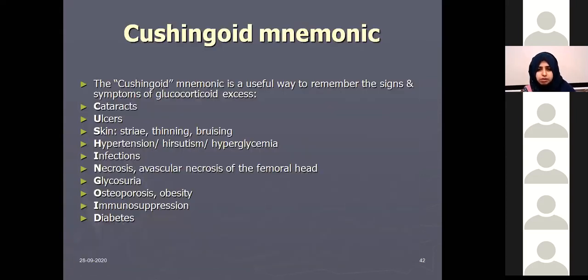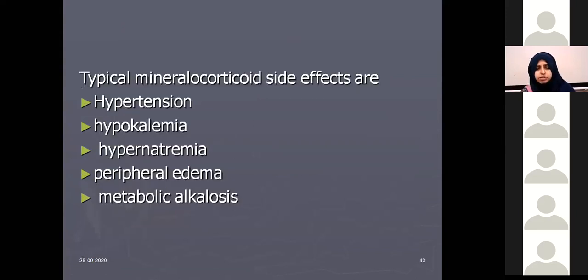Okay, so how will you withdraw it? First of all, let's remember the typical mineralocorticoid side effects. It can cause hypertension, hypokalemia, hypernatremia, peripheral edema, and metabolic effects, because it acts on the kidneys and stimulates the absorption of water and sodium.